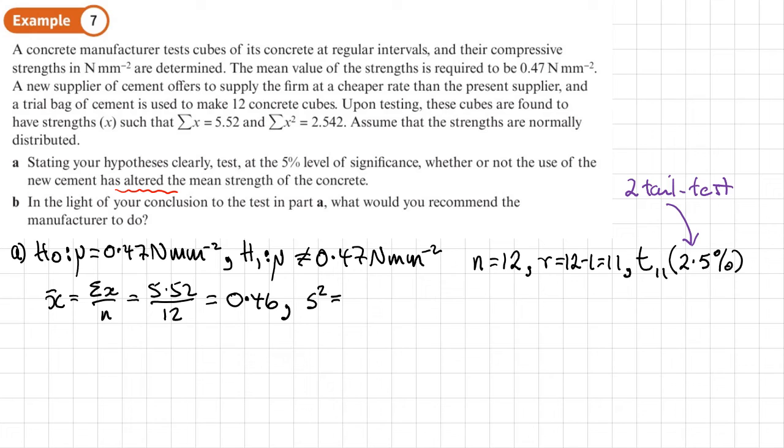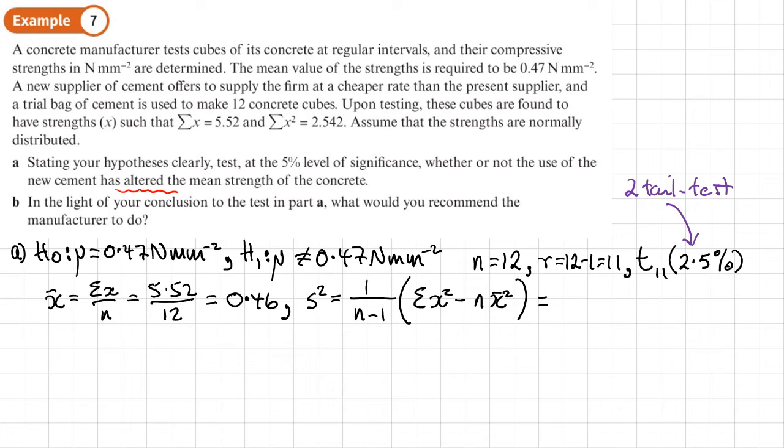So let me write down the formula first: 1 over n minus 1, times the sum of x squared minus n times x bar squared, that's the mean squared there. Mustn't forget that little bar. Okay, so that's the formula I'm going to use to work out my unbiased estimator.